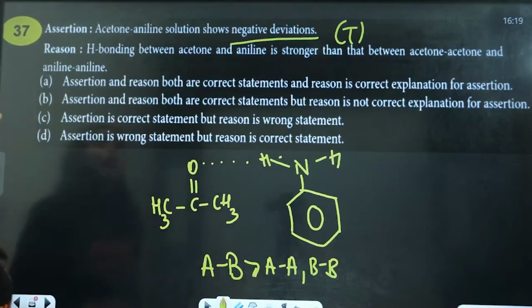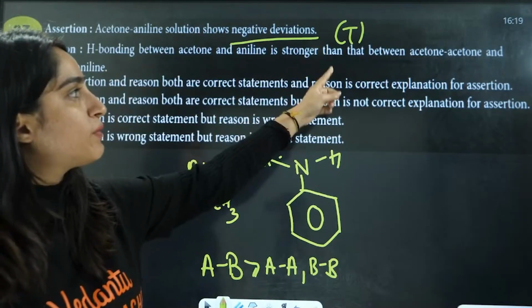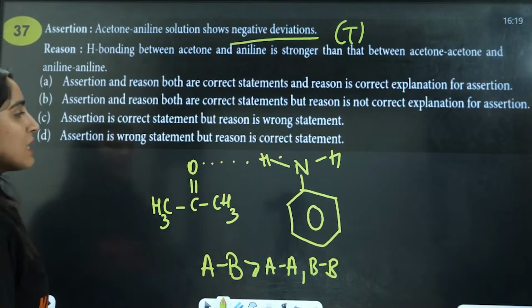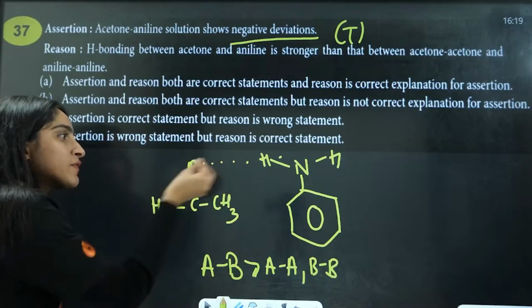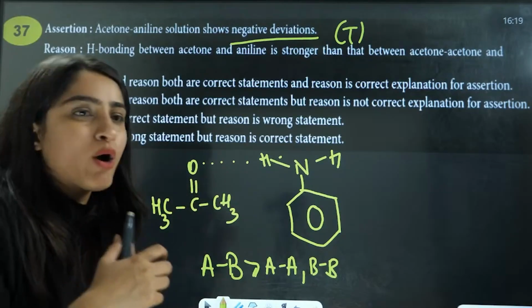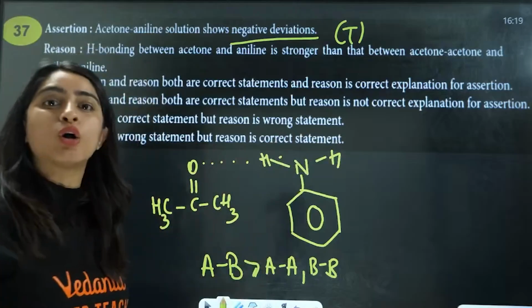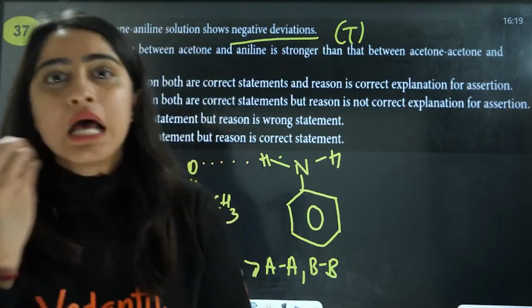That is true. Hydrogen bonding between acetone and aniline is stronger than between the pure components. This is also true, right? Because oxygen is more electronegative, it is going to have more hydrogen bonding as compared to nitrogen. And acetone does not have hydrogen bonding; they are connected by dipole interactions, right?